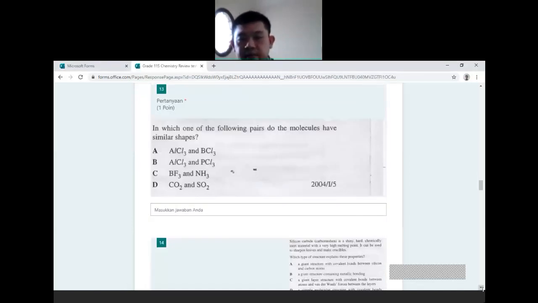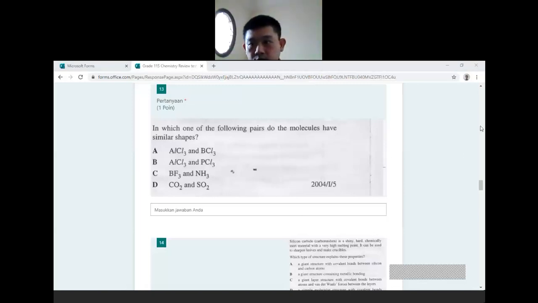Number 13, in which one of the following pairs do the molecules have a similar shape? AlCl3 and BCl3. AlCl3 has 3 bond pairs and 0 lone pairs. BCl3 has 3 bond pairs and 0 lone pairs. So both of them have similar shapes because both have the same bond angle.